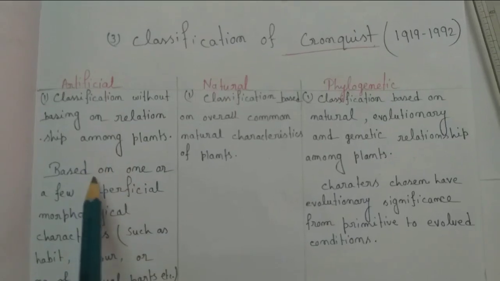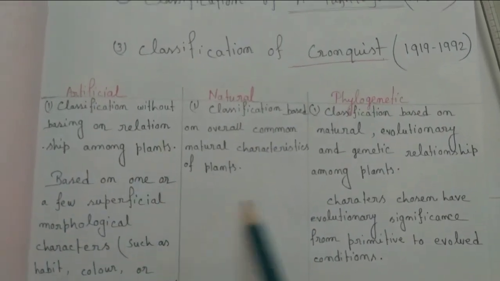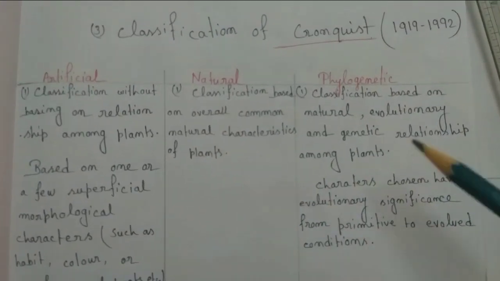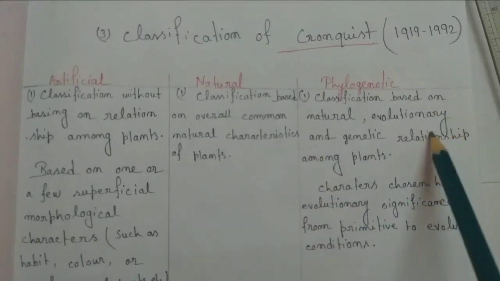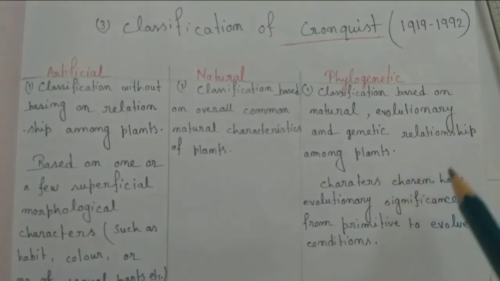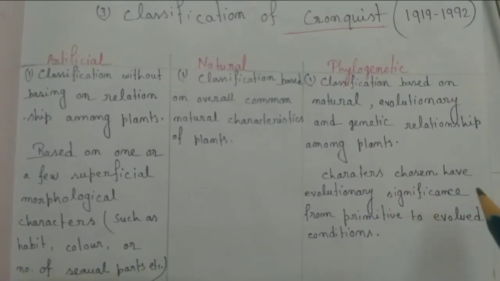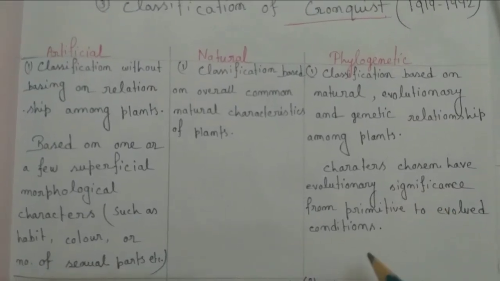In the artificial system, one or few characters are used, but in the natural system, overall natural characters are used. And in the phylogenetic system, we use the natural, evolutionary and genetic relationships among those plants. So the characters chosen have evolutionary significance from primitive to evolved condition.